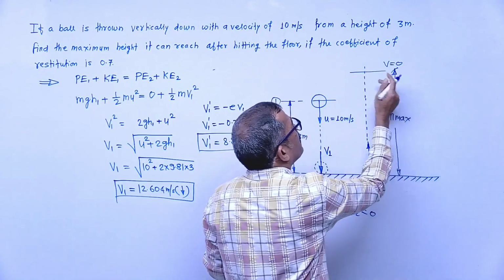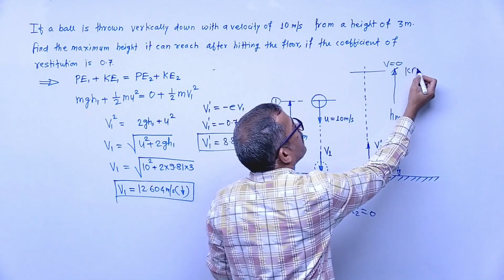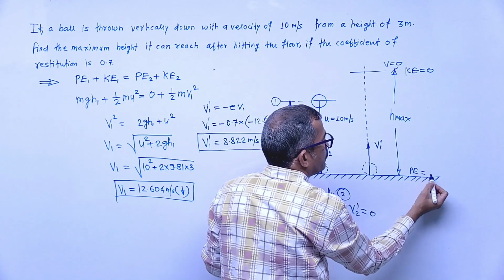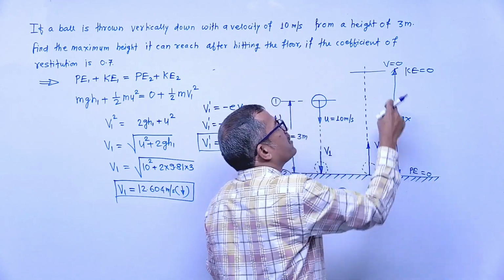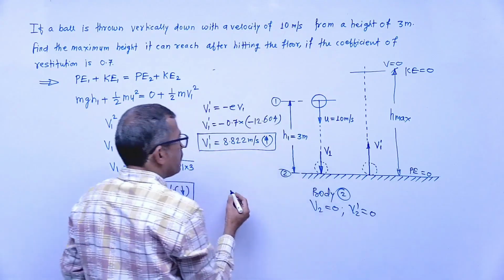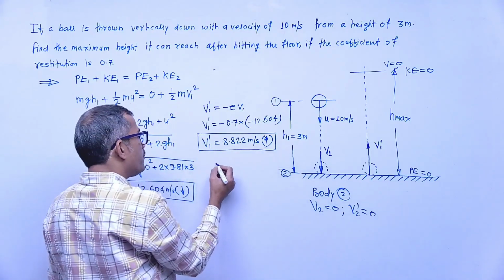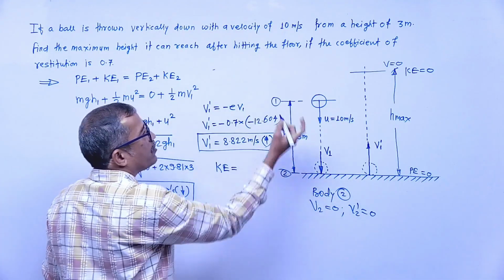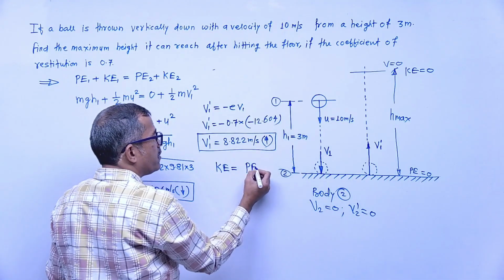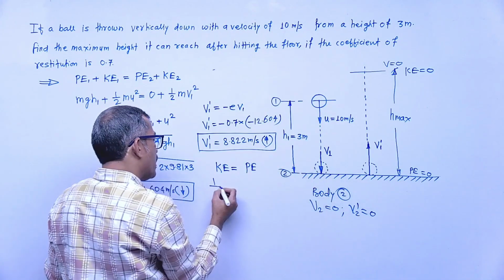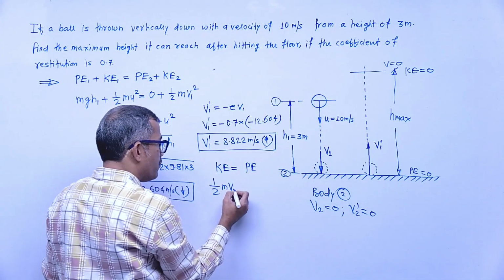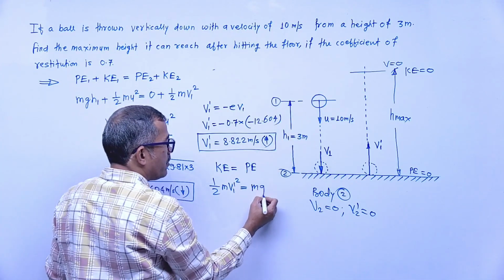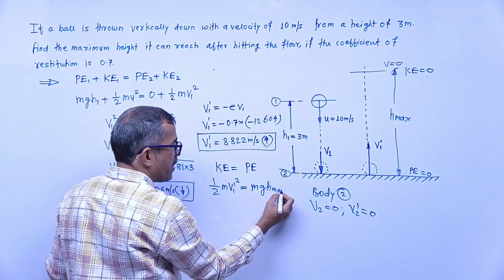That means at this position kinetic energy is 0, and at the ground potential energy is 0, means this kinetic energy gets converted into potential energy. Kinetic energy here at the ground is half m V1 dash square. Potential energy becomes mg h max.